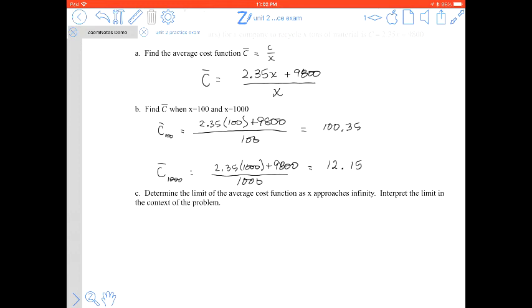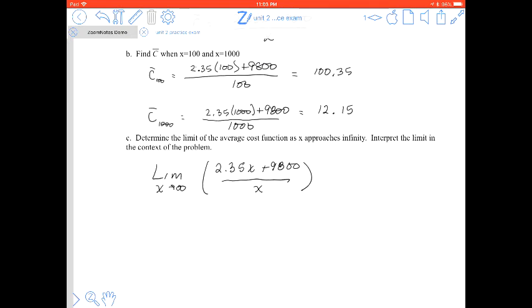Determine the limit of the average cost function as x approaches infinity. So what they're wanting is the limit as x approaches infinity of the average cost function. So what we're going to do is rearrange the function inside.